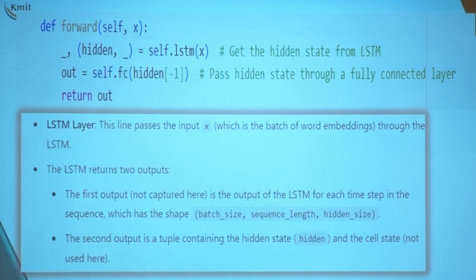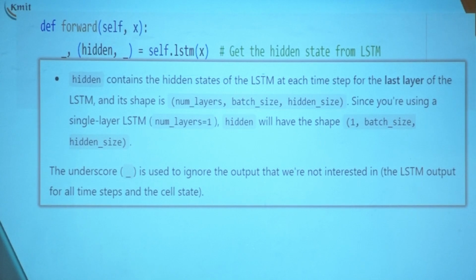Now, once it has worked on this hidden state, what do you require now? As I was telling, the underscore is used to ignore the output that we are not interested in. One more important thing here that I forgot to mention: the shape of this particular layer would be number of layers, comma, batch size, comma, hidden size.